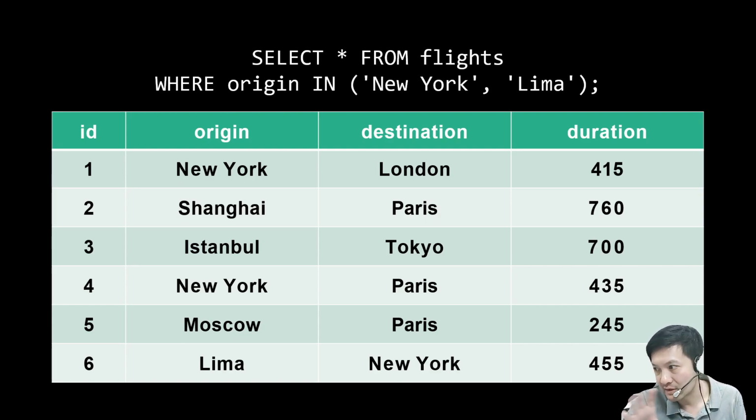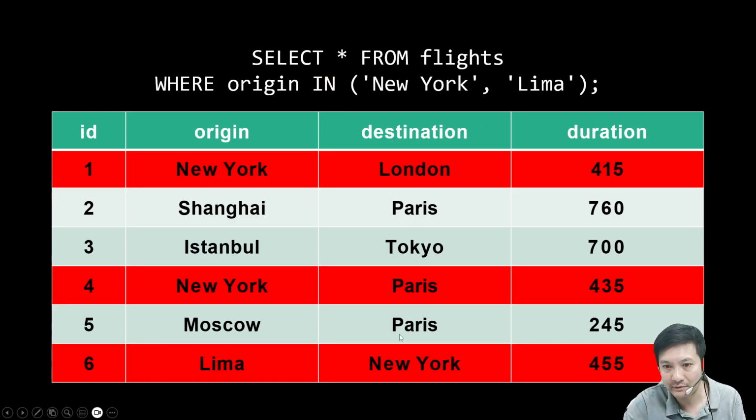You just give the list of values in a tuple, with the brackets, and list them out. With the IN condition, for New York and Lemma, rows with origin New York and Lemma will be selected. This is very useful syntax in SQL.